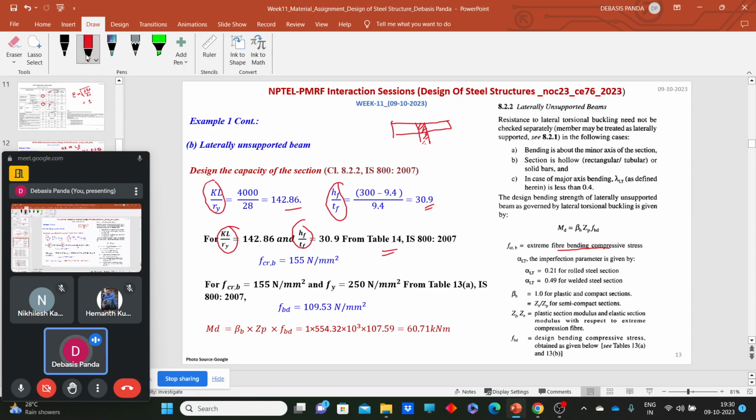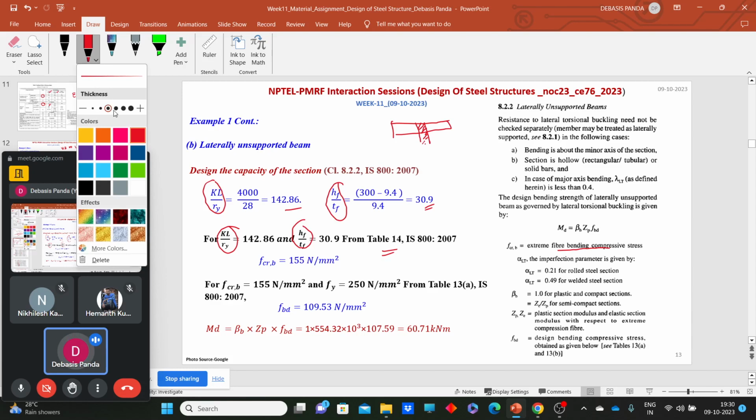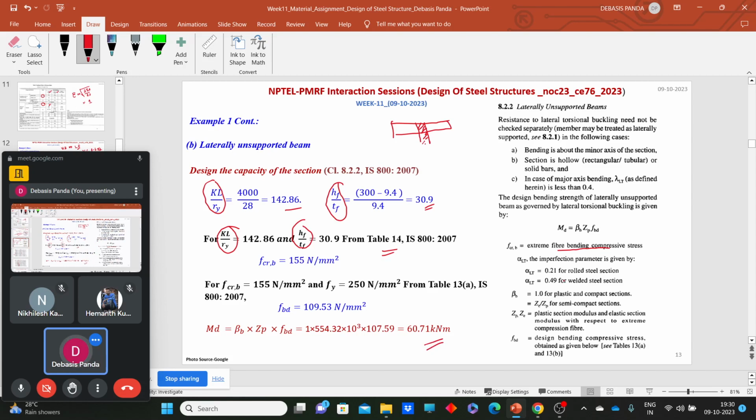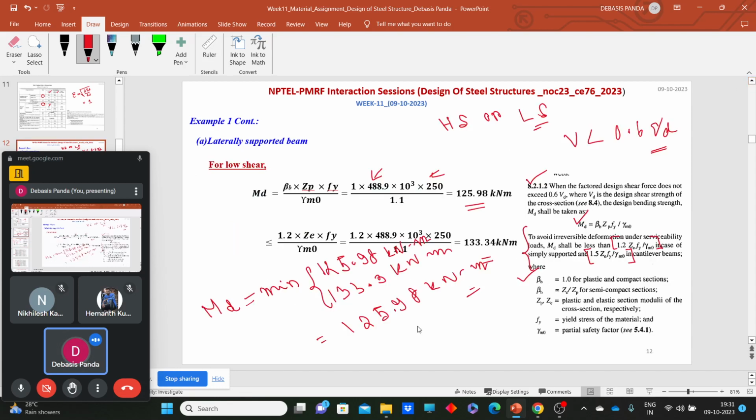So you can see that for laterally supported and laterally unsupported cases, the design bending strength is varying. For the laterally unsupported case, the design bending strength is only 60.71 kilonewton meter. On the other hand, for the laterally supported case, we have seen the design bending strength is much more than the value in the laterally unsupported case. So by this way, we can calculate the design bending strength of laterally unsupported beams.